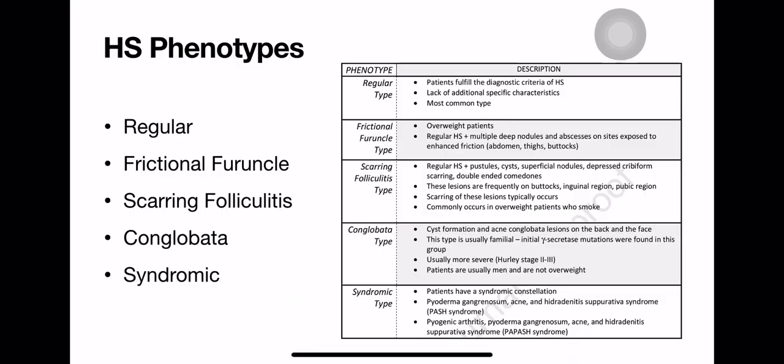There are also several clinically distinct HS phenotypes, and we will be discussing these one by one. These distinct subtypes are not based on disease severity, so all three of the Hurley stages can occur in each type.